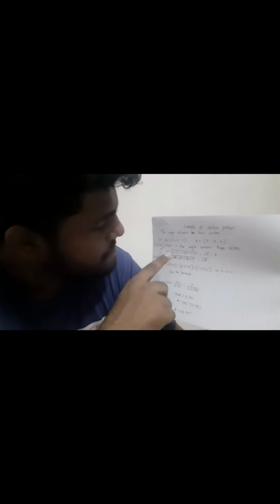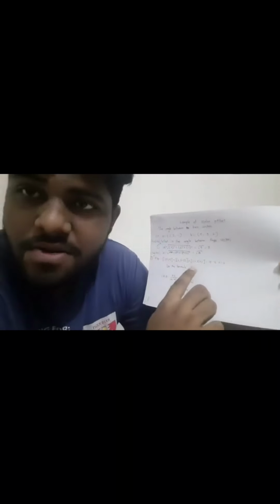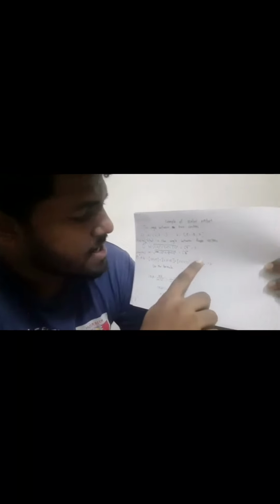And second, we should find A dot B, which is to multiply the corresponding numbers and add the answers together. So the answer is 2.